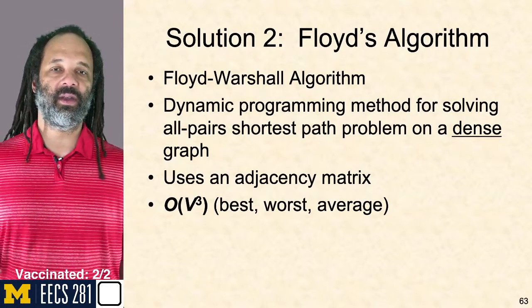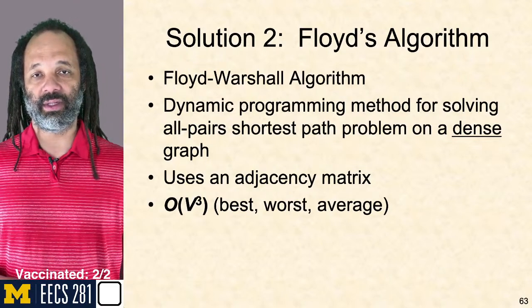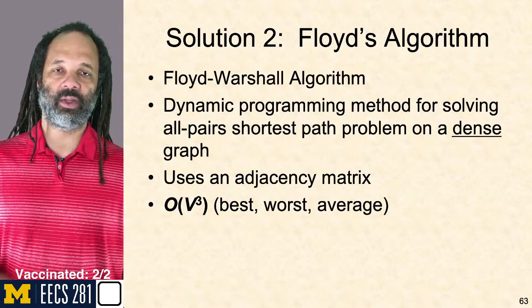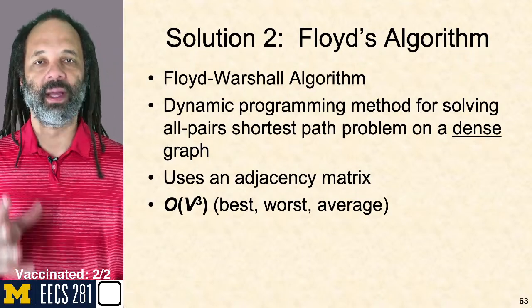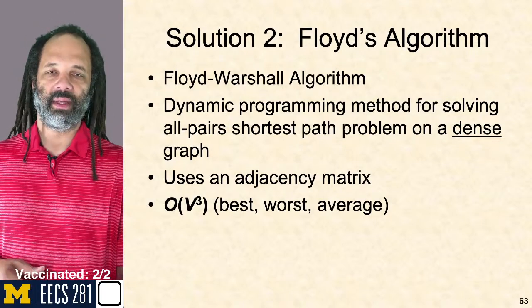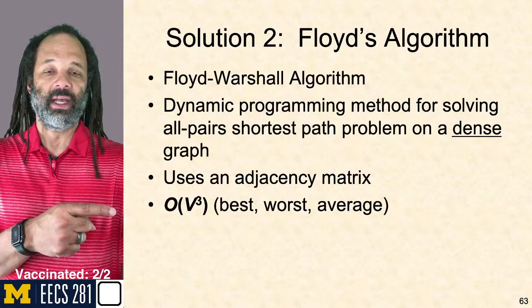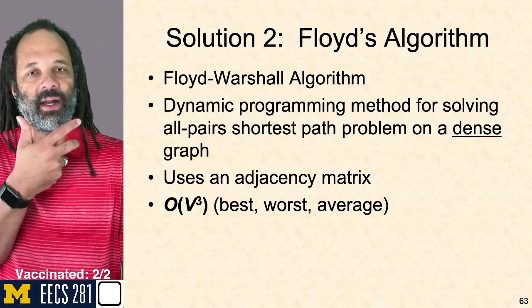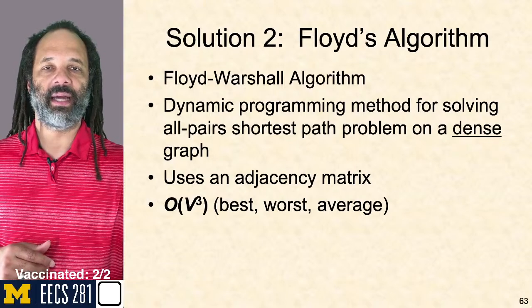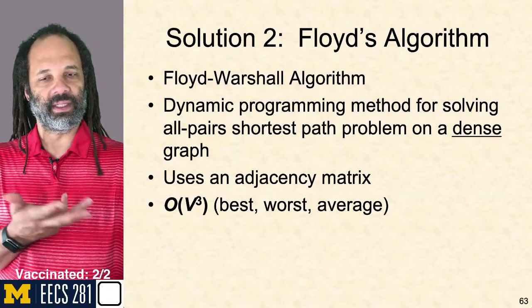So the good news about that one is you can get a little bit more practice looking at DP solutions, and you can learn something about all pairs shortest path, but you won't be doing this on the exam. It can be helpful for understanding it, but it works out. It ends up being a big O of V cubed, best, worst, and average case. So not different from calling Dijkstra's V times in the overall complexity, but it's an interesting approach.